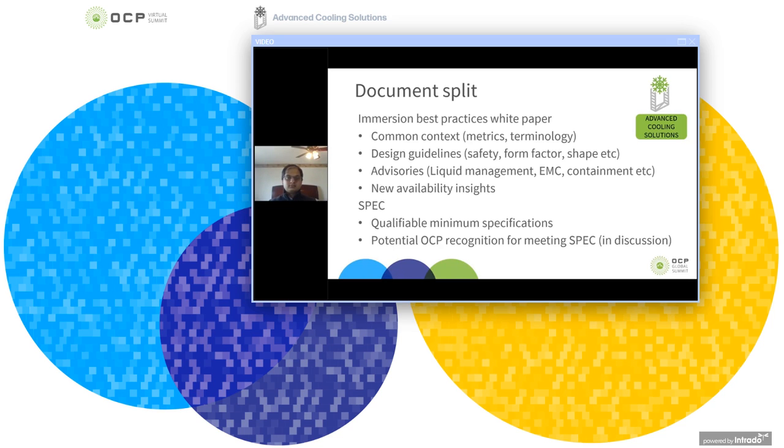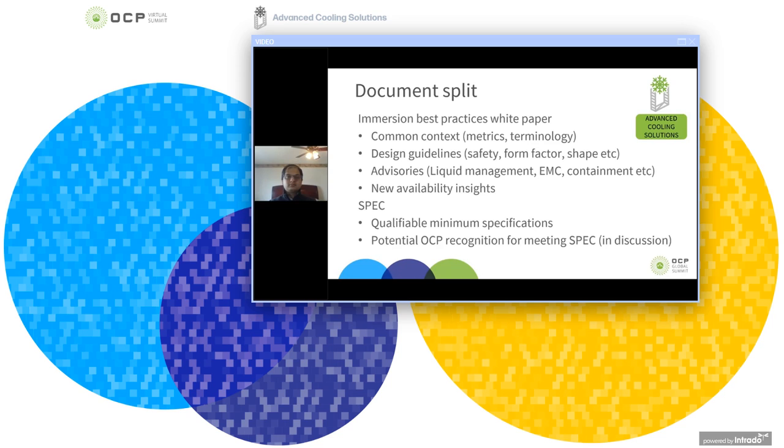One of the things that we're discussing around this is a recognition program which may or may not be aligned with existing logos or existing OCP claims. That is currently in discussion. There is nothing definitive, but this is what we're pursuing with the community.